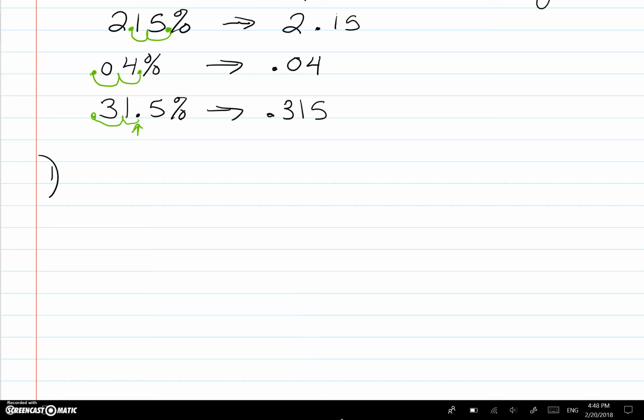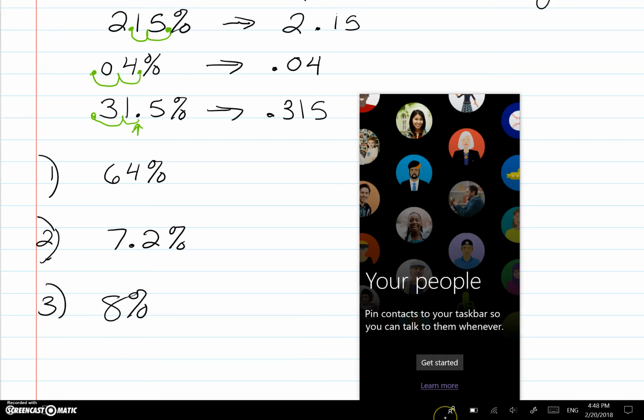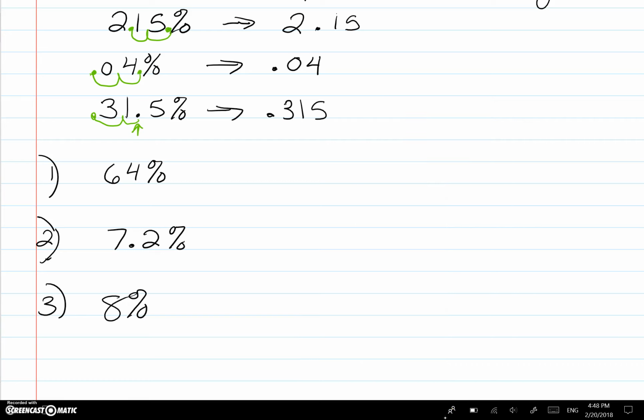Let's do 64%. 7.2%. Let's do 8%. Number 4, let's make this 316%.